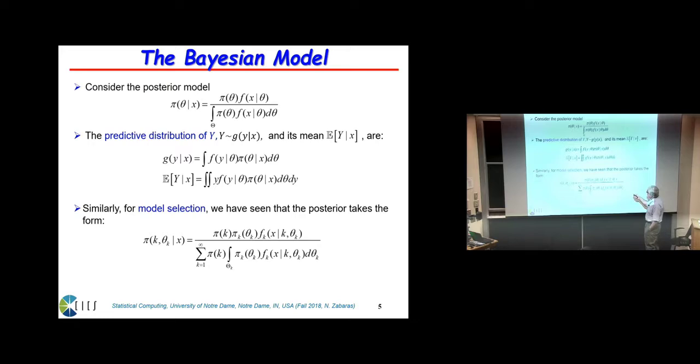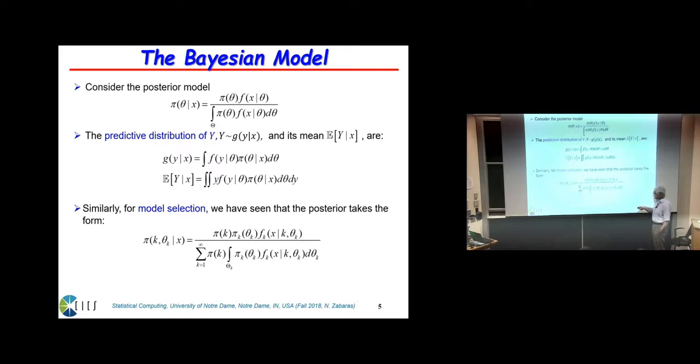Basically, this is the likelihood of model K, and this is the prior of model K times the prior of the parameters of model K, right? And on the bottom, you have the normalization constant, which is basically an integral of this that involves summation over all models, and for each model, integration over all the parameters of the model, all right?